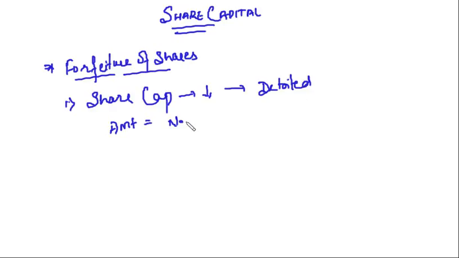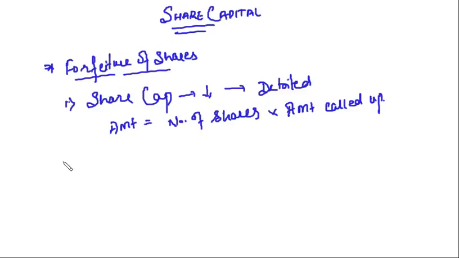The amount is number of shares multiplied by amount called up. If the second call is not called up, then you are not going to consider that second call amount. Whatever amount has been called by the company, only that will be taken.